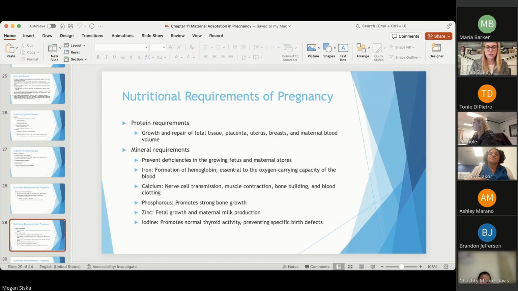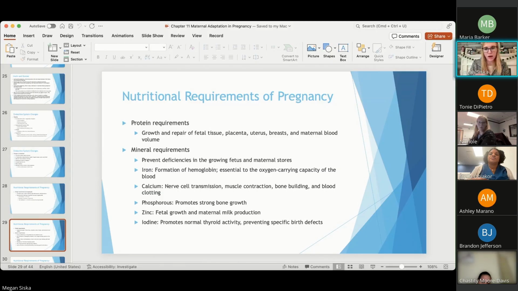For our protein requirements, we need protein for growth and repair of fetal tissue, the placenta, the uterus, the breast, everything. Mineral requirements: most women are going to be directed to take a prenatal vitamin to help make sure that they're meeting their mineral requirements, or through diet as well. That's fine too.